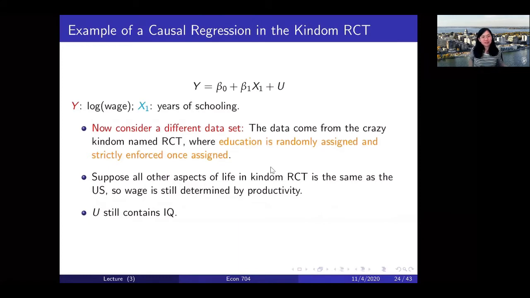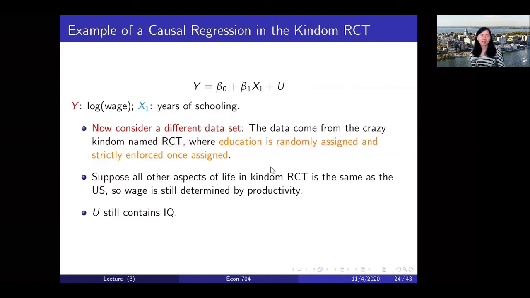But now let's consider a different data set. Let's say the data set comes from a crazy kingdom called RCT. In this crazy kingdom, education is not individual choice, but rather is randomly assigned. And once assigned, it's strictly enforced.